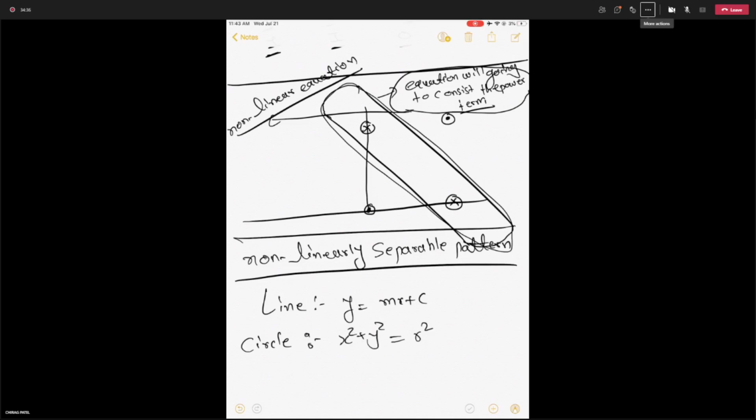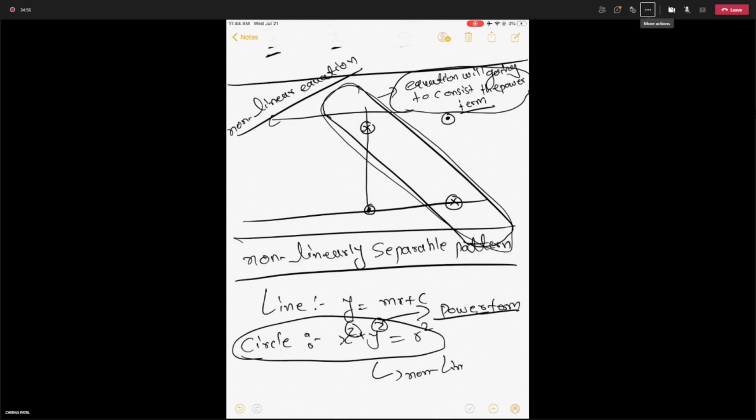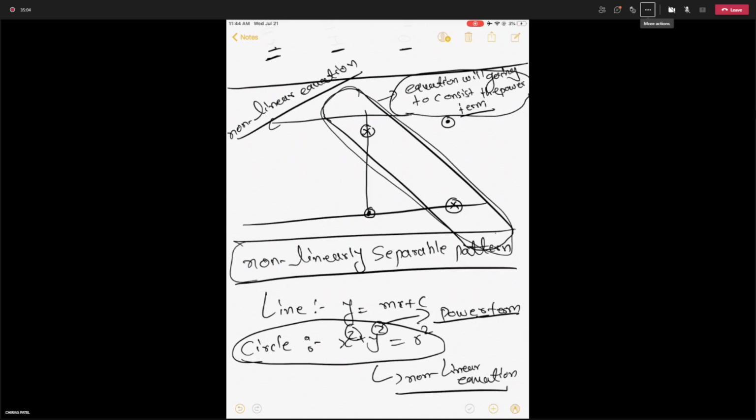This is your power term. When any variable has a power greater than one, the equation is considered a non-linear equation. We are using such shapes to differentiate between our patterns, and that's why we call this a non-linearly separable pattern. Got the point?